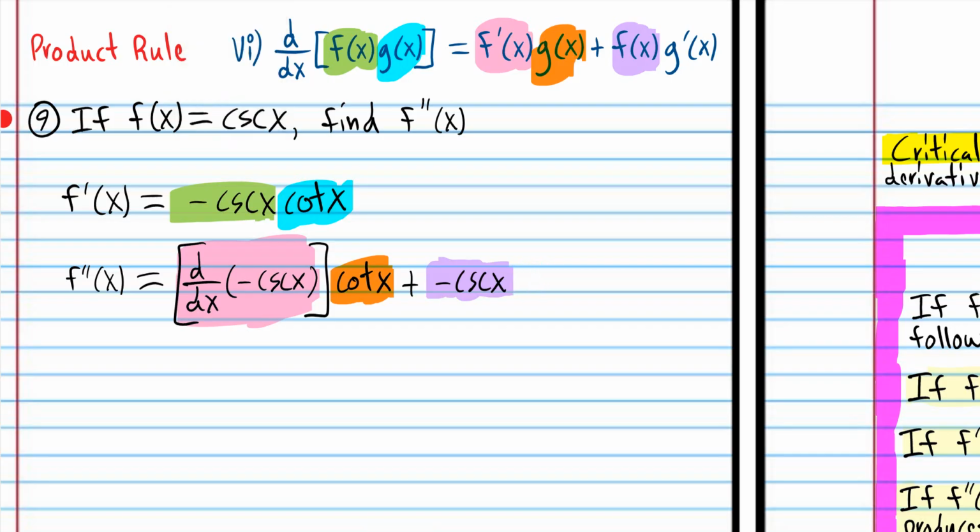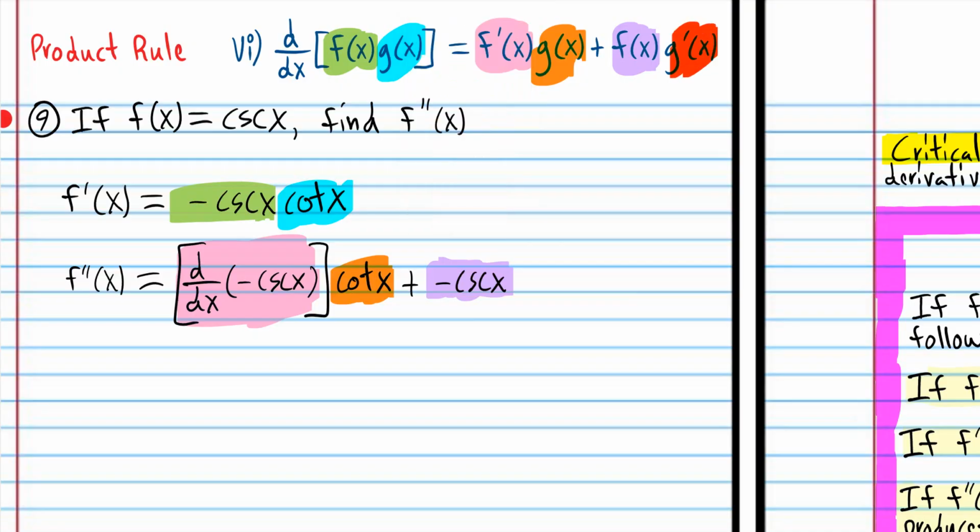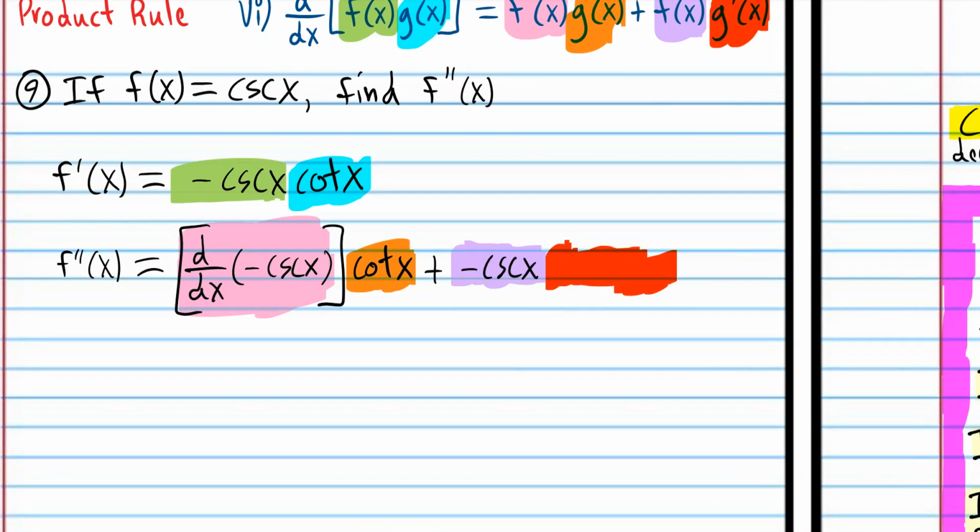And maybe we'll use red for this last one. That's going to be the derivative of cotangent, which is negative cosecant squared x.